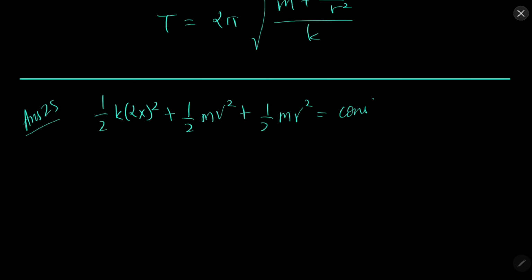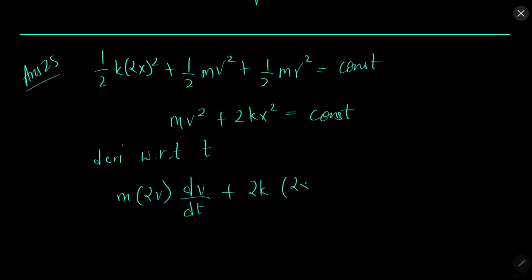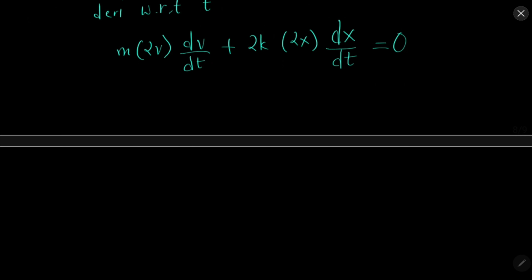It will be a constant. So mv square plus 2kx square equal to a constant. Taking the derivative with respect to time, we will obtain m 2v dv over dt plus 2k 2x dx over dt equal to 0.